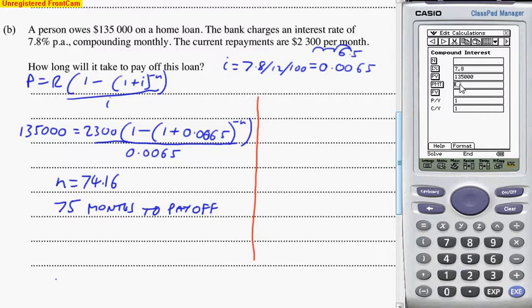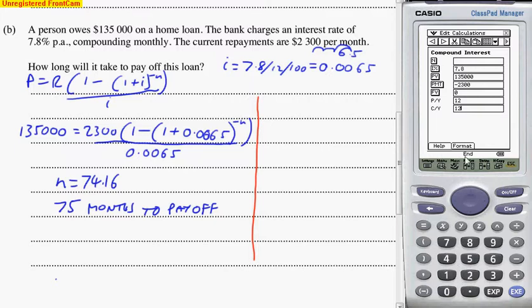Your regular payments, they are 2,300. That does go in as a negative because that's your money that you're giving to the bank. Your final value, or when you've paid off a home loan, your final value is nothing, it's all paid off. Payments per year is 12, and this is also compounding 12 times a year because it's a monthly situation.